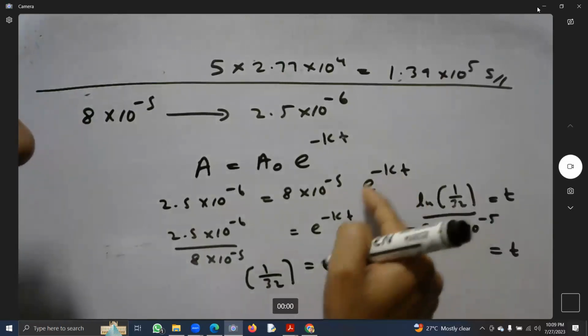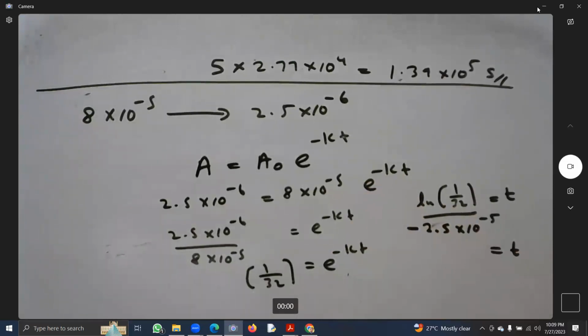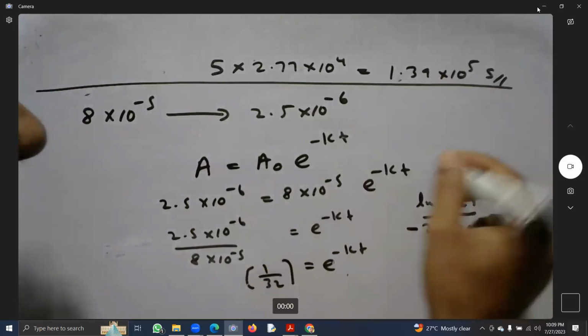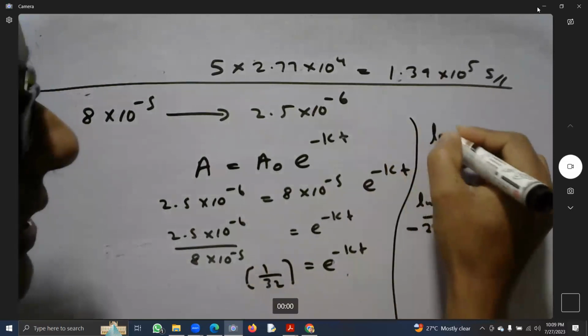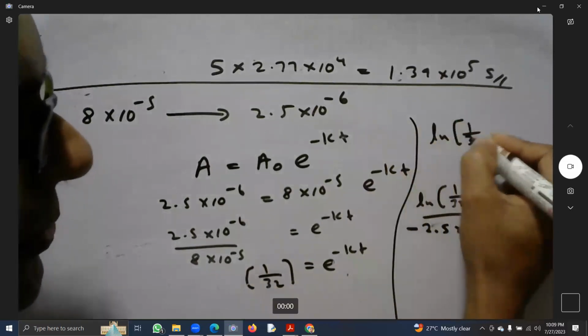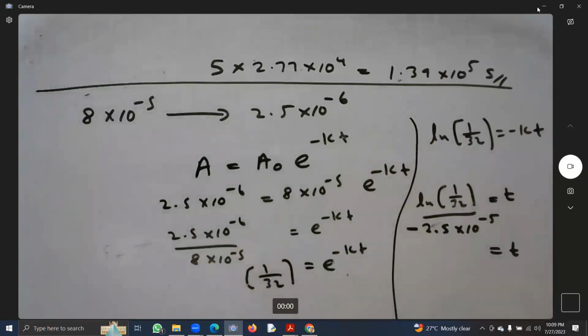I forgot to put minus k, and then divide by minus k. When e goes to the other side, it becomes ln. I skipped a step here. So what I get is ln of 1 over 32 is equal to minus k times t. Then we divide by minus k.